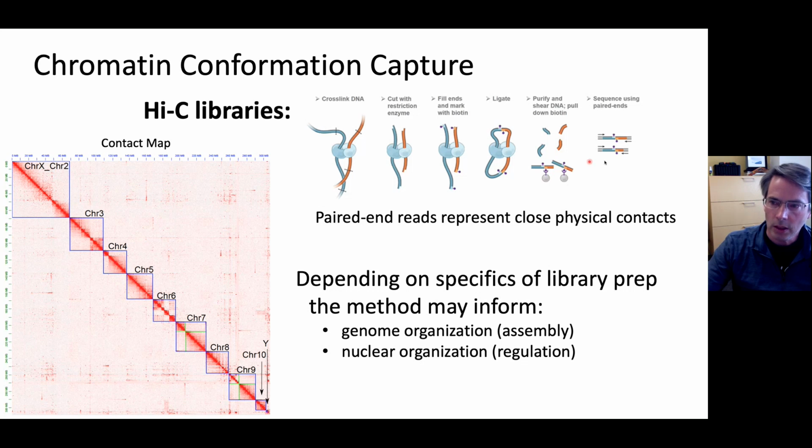And so now you know everything that you pull down was in proximity to each other in whatever environment you did your cross-linking. And why I'm vague there is that you can do this with in vitro or in vivo approaches where you're getting genome organization or nuclear organization.